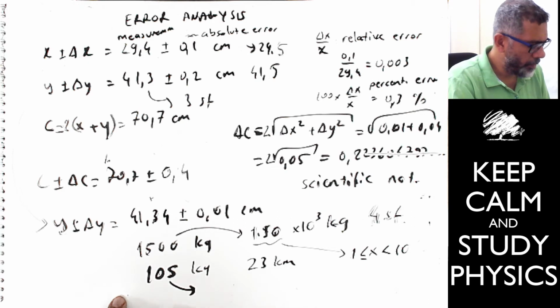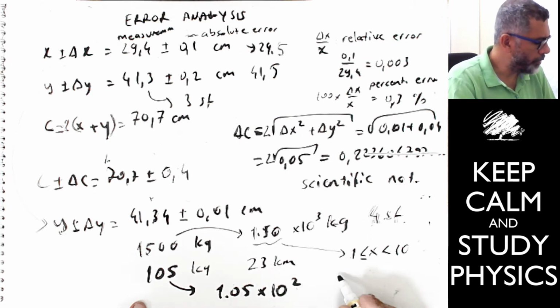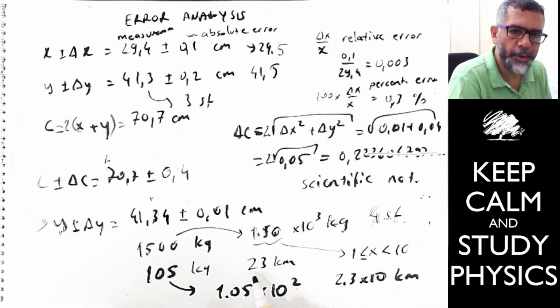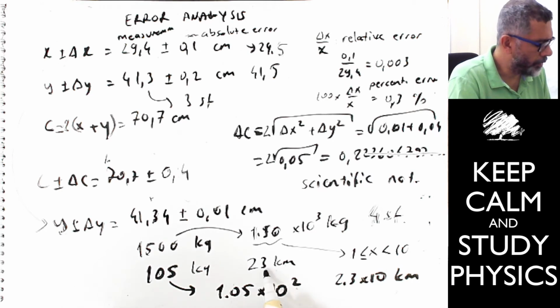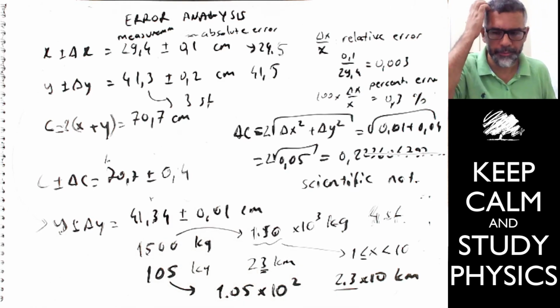Let's do this with 105 kilograms. If you want 3 significant figures, one way is 1.05 times 10 to 2 kilograms. With 23 kilometers, 2.3 times 10 kilometers gives you 2 significant figures. If you just report this measurement as 23, you're not sure whether the 3 will be counted as significant or not. So the best way is this one.